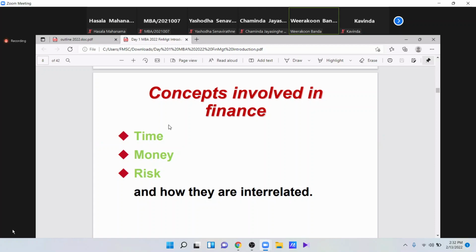And how they are interrelated. All these three components are interrelated. Any kind of activity here involves three components, and those are interrelated.